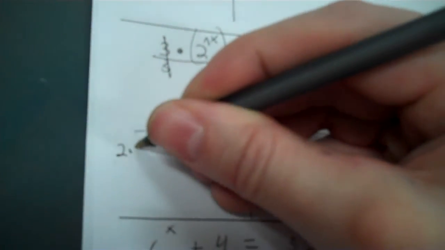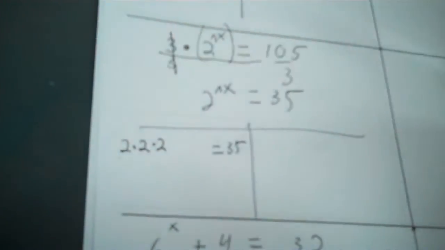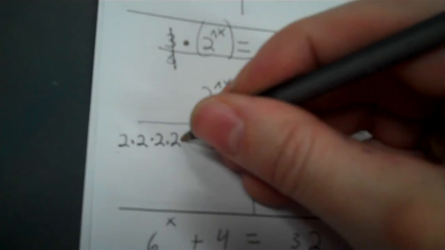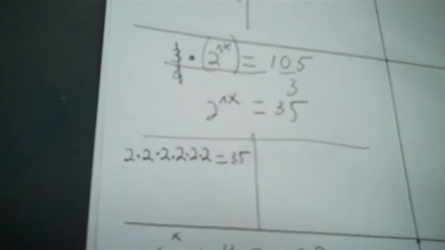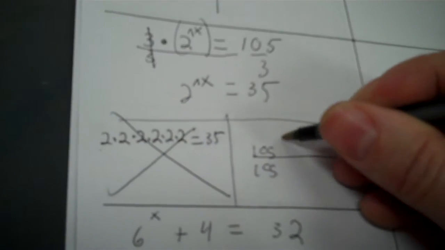Remember, trying to get it equal to 35. 8, 16, 32, and now I'm over, okay? So that way doesn't work. So I go log over log. So 2's on bottom, 35's on top. Okay, 5.13 would be my answer.